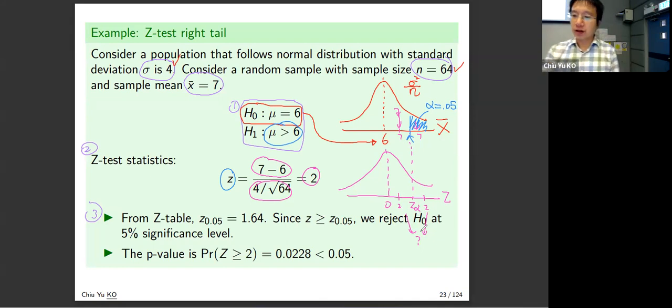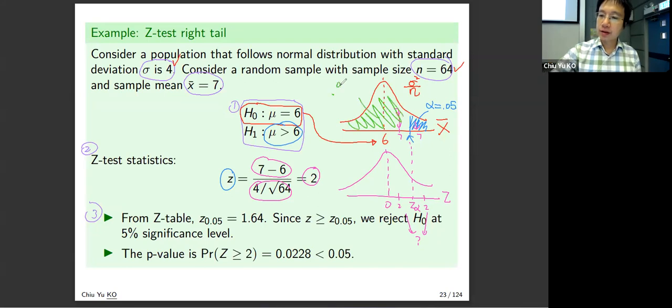So we have to figure out what Z alpha is. Z alpha is not that difficult, right? It's 0.05 here. That means this side is 0.95.